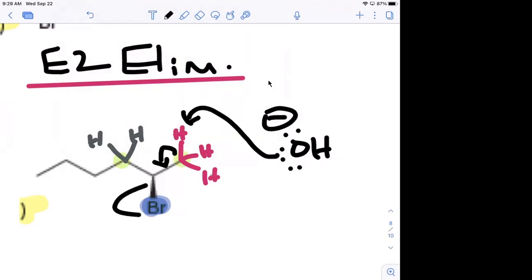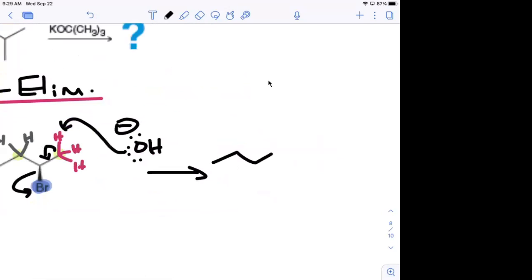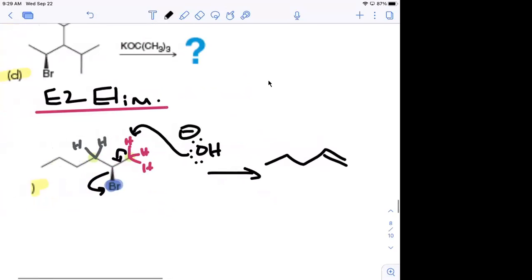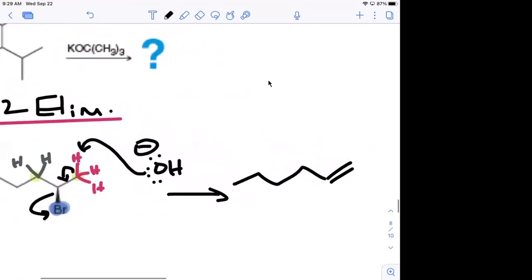And then I wanna break the carbon bromine bond. All right, so that's gonna give me one of my products, which is gonna be that. Make sure I got enough carbon. Oh, hold up, I need another carbon. That's one product, right? Plus, let me draw the side products, water.